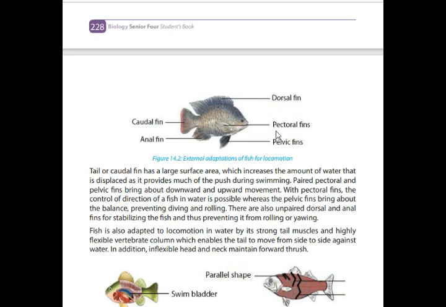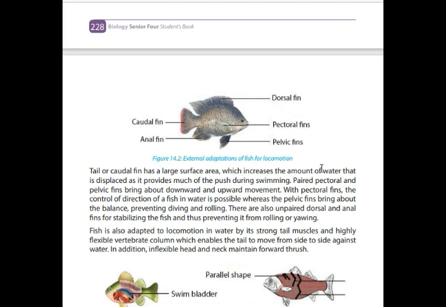Here, everybody has to understand the tail, the caudal fin, has a large surface area. This large surface area increases the amount of water that is displaced as it provides much of the push during swimming. Yes, it swims by pushing.